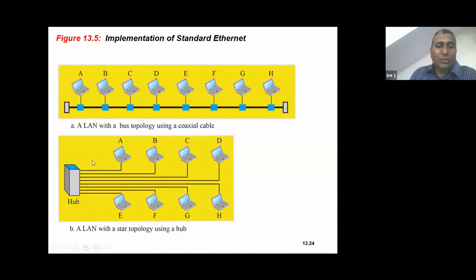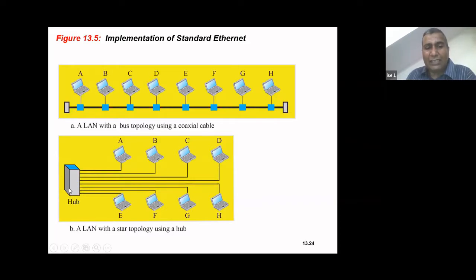So if 5 volts has become 3 volts, it will be made 5 volts again. And say 11 volts is representing 1 and it has become, say, 8 volts, so that will be regenerated to 11 volts.